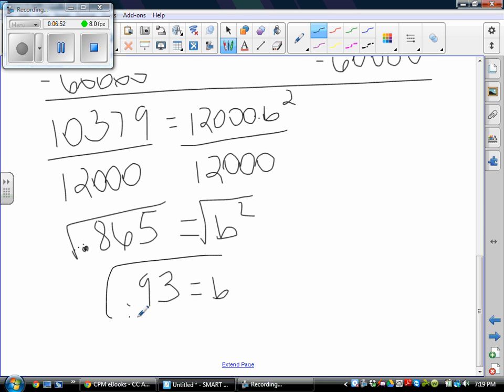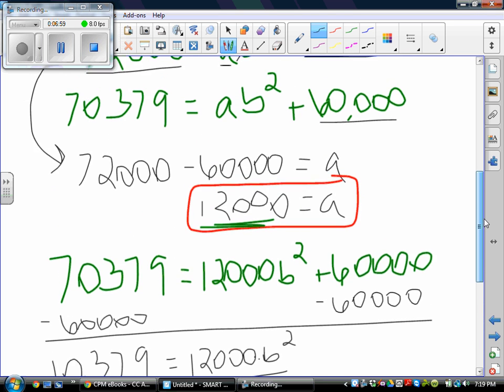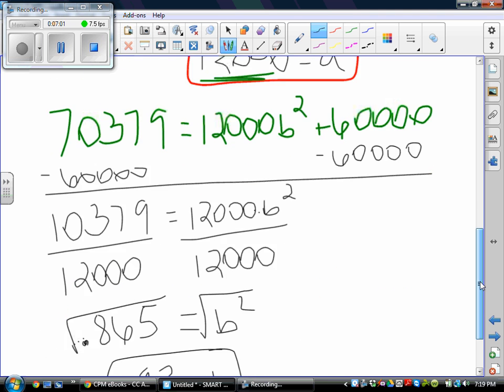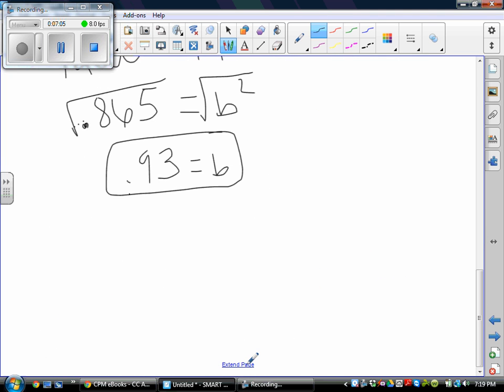So here's my multiplier. But the question says write the equation. So we have our a value right there, 12,000. We know our asymptote is at 60,000, and now we know the multiplier. So our final equation to represent the population of Terre Haute, Indiana, is y equals my starting value. Now this is as if the population was starting from year 0.